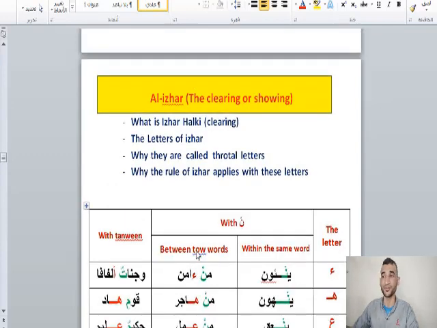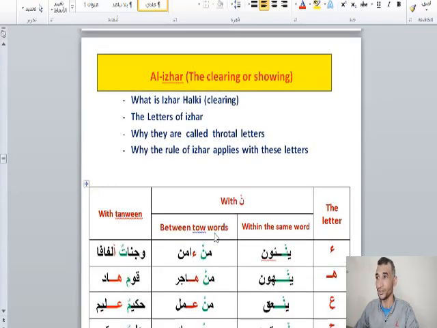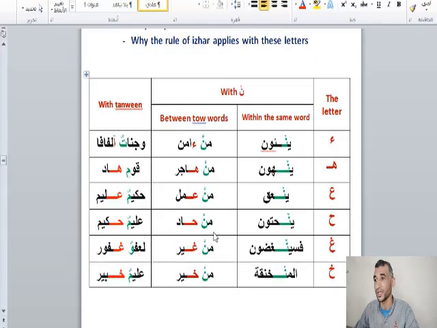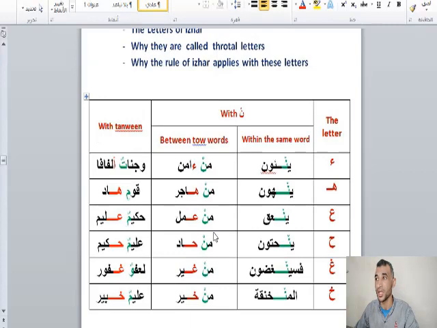Okay, so in our lesson today we have learned what exactly izhaar is and what the letters of izhaar or showing are, and why they are called throat letters, and why the rule of izhaar applies with these letters. And we learned together how to pronounce the consonant noon or the tanween if they came before the letters of izhaar.